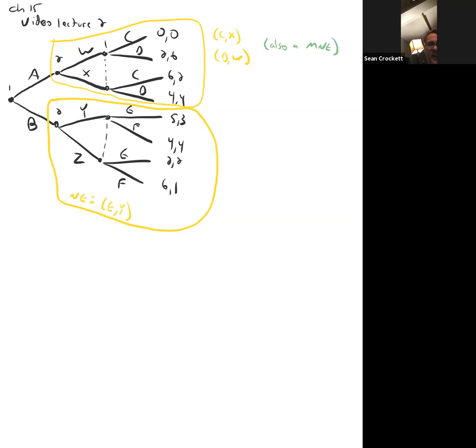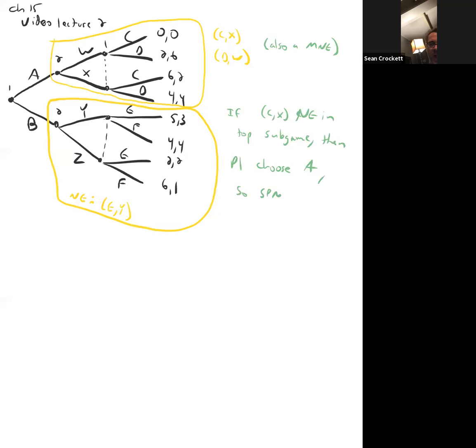If it's played in the CX equilibrium, player 1's payoff is going to be 6, whereas in the EY equilibrium, player 1's payoff is 3. So if CX is the NE in the top subgame, then player 1 chooses A because A gives a better payoff than picking B.